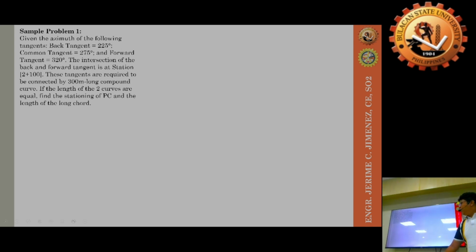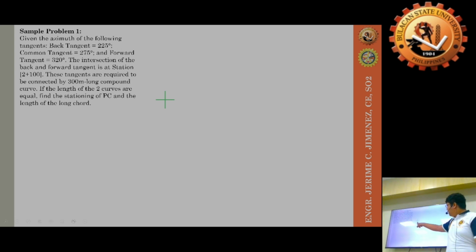Okay. So, ano yung unang step natin? Okay, of course, binigyan kayo ng problem. Skip. Hindi, joke lang. Plot natin. Okay, plot natin. Given na tayo ng mga tangent, ng mga azimuth angles, i-plot natin siya. Okay? So, this will be your first point. Ang sabi, ang back tangent mo daw is located 225 degrees.